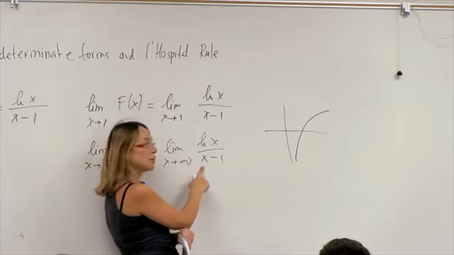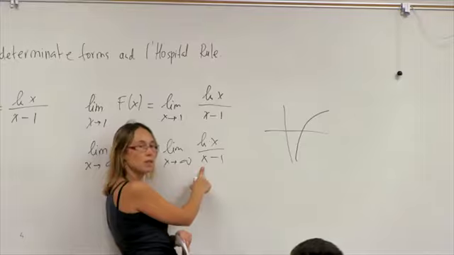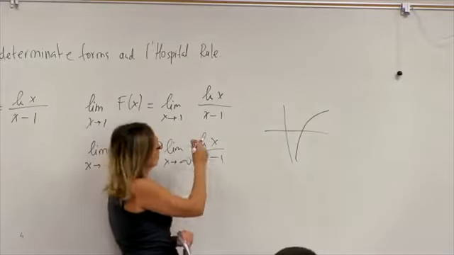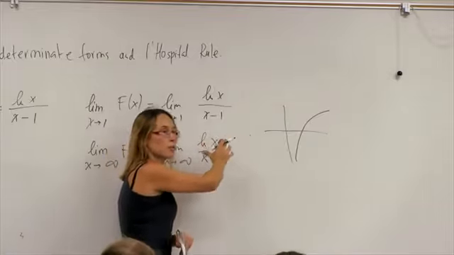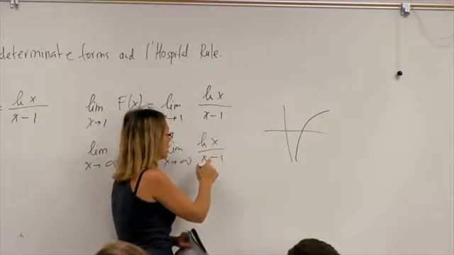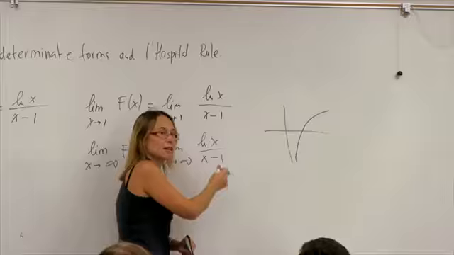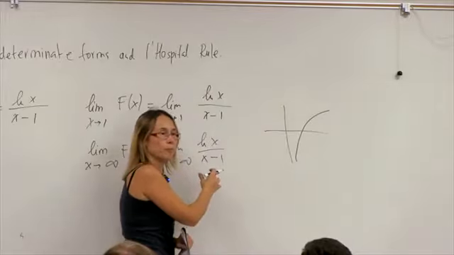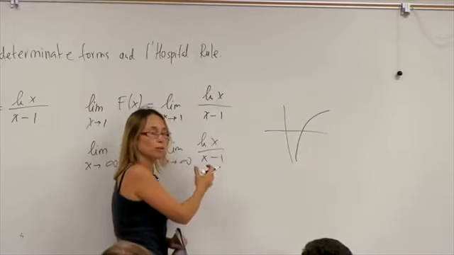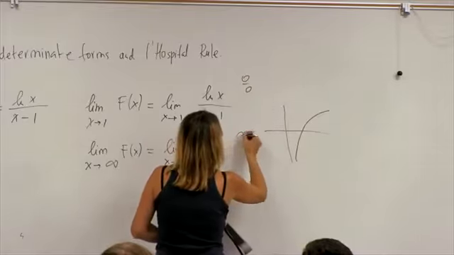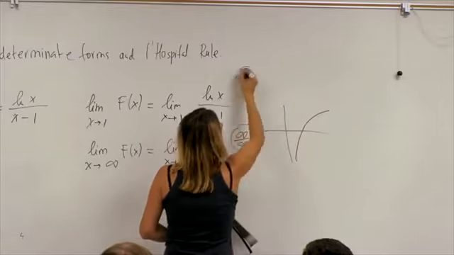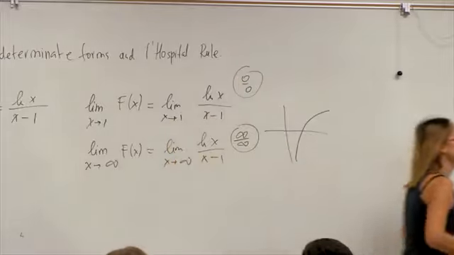How about the denominator as x goes to infinity? That's also going to infinity. As x increases, the numerator wants to make this fraction very large, while the denominator also increases, trying to make it really small. Who is going to win is not clear. So here we have an indeterminate fraction of type infinity over infinity.